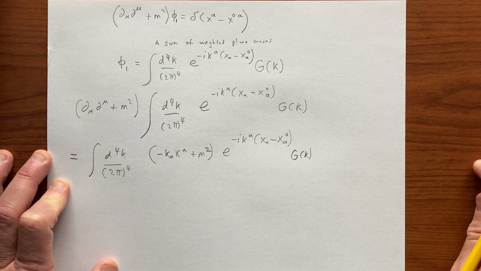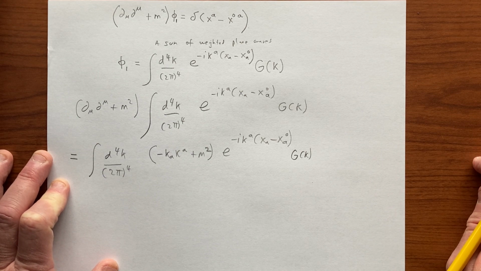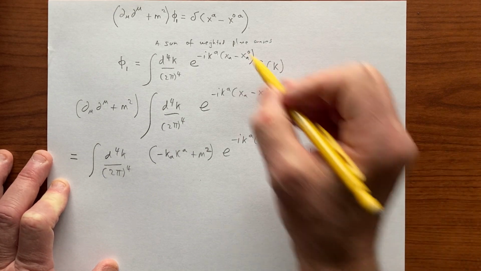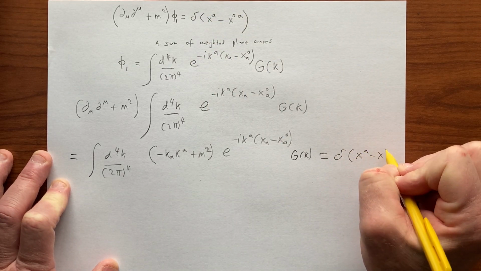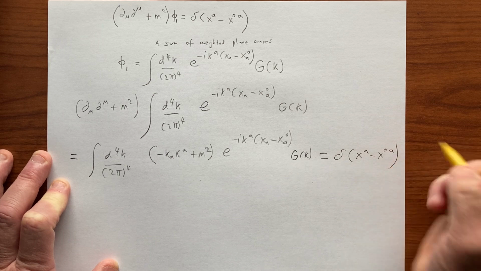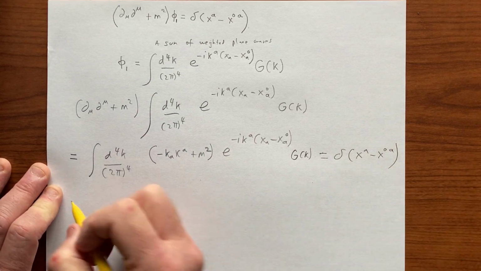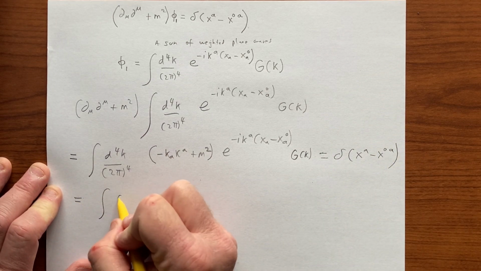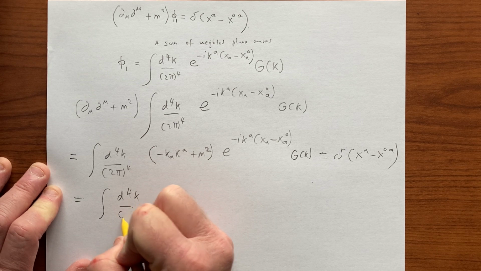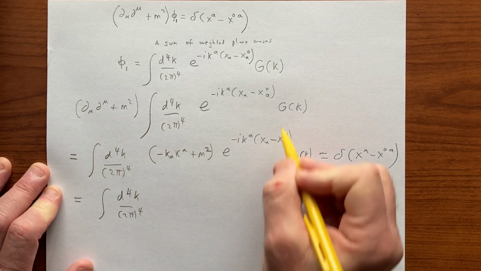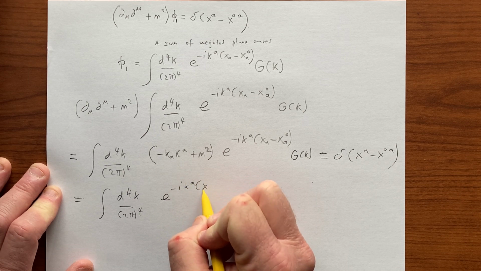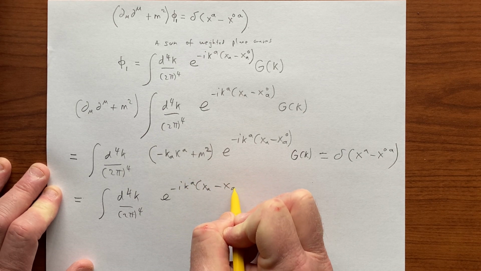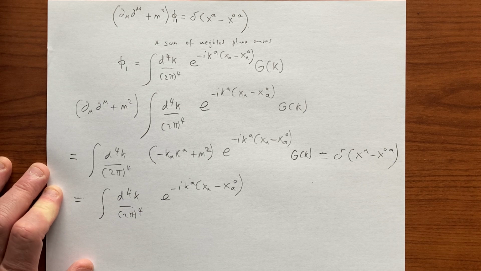And we know from this that it has to be delta function, x a minus x naught a. And we know that the delta function has a representation which looks like just this part, e to the minus i k a x a minus x naught a.